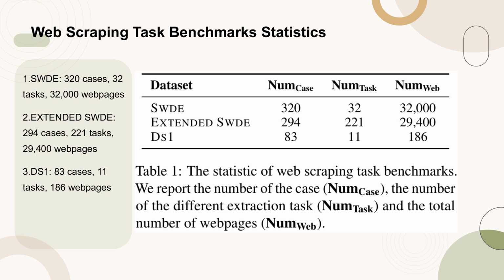Extended SWD has 294 cases, 221 tasks, and 29,400 web pages. DS1 has 83 cases, 11 tasks, and 186 web pages. These statistics highlight the scale and diversity of the datasets used for evaluating web scraping tasks.